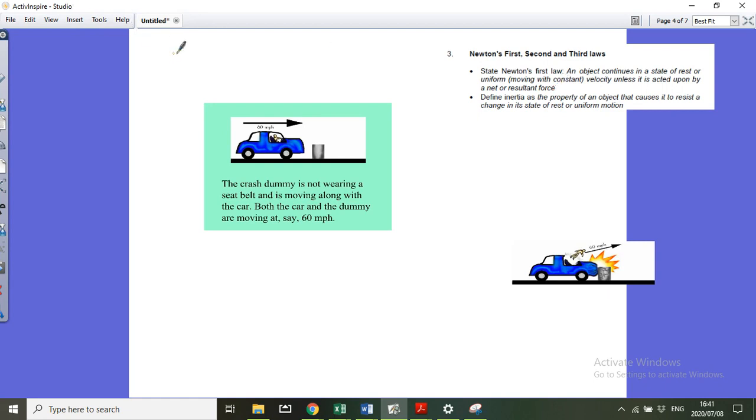So now what does that actually say? If there's no resultant force, they say unless acted on by a net force, so if F net is equal to 0, this law tells us that the acceleration will be 0 because the velocity is constant.